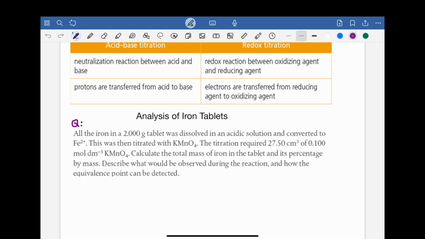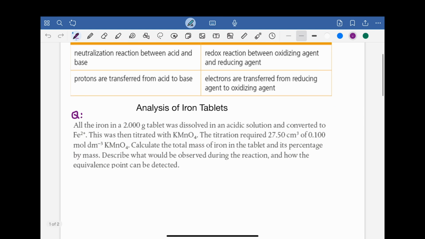So question 1: all the iron in a 2.00 gram tablet was dissolved in acidic solution. So let's underline: 2.00 gram of tablet was dissolved in acidic solution and converted to Fe2+. This was then titrated with KMnO₄.